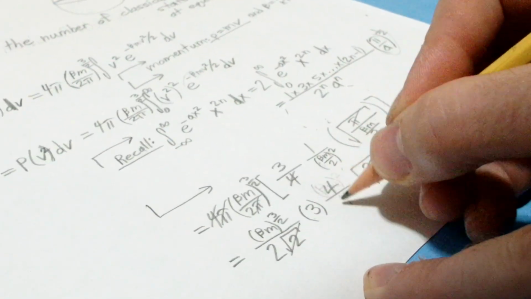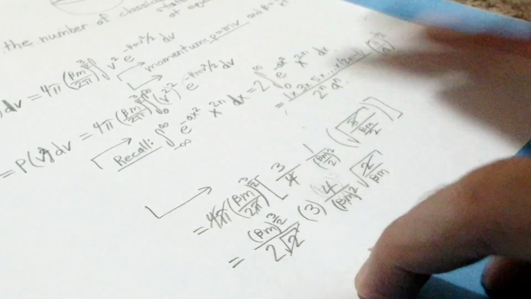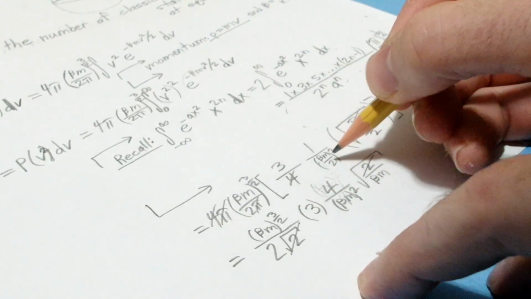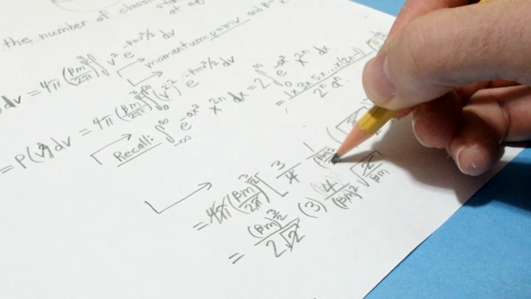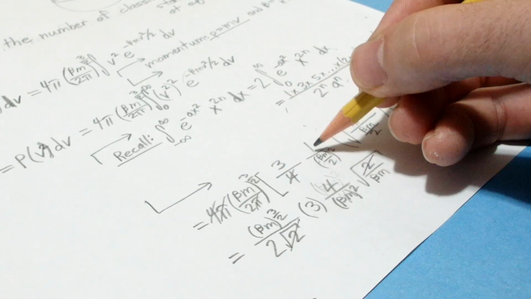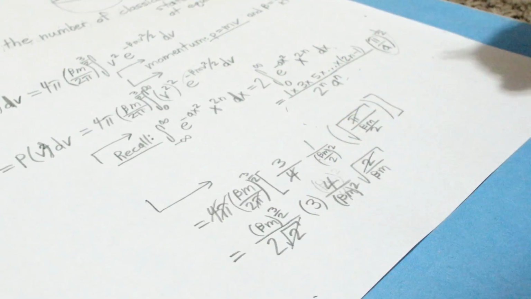This should be 4 over beta m squared, because with our division here, beta over m squared will stay in the denominator, and 2 squared will be moved to the top.